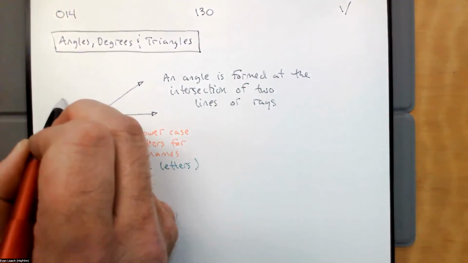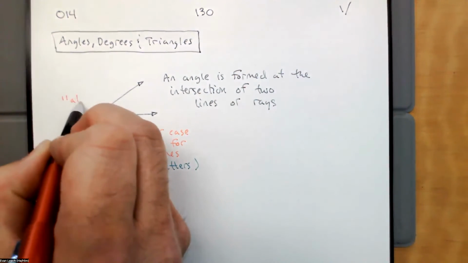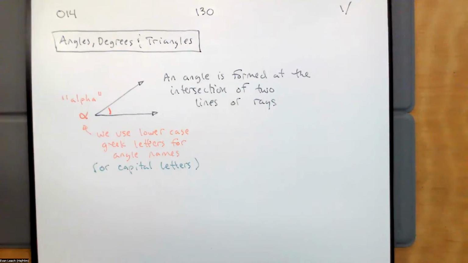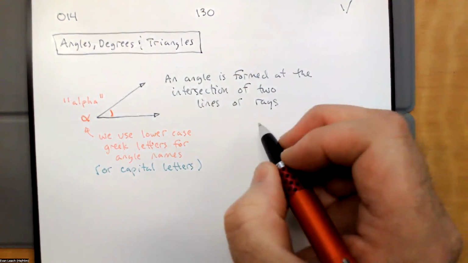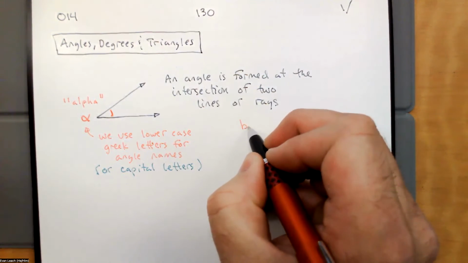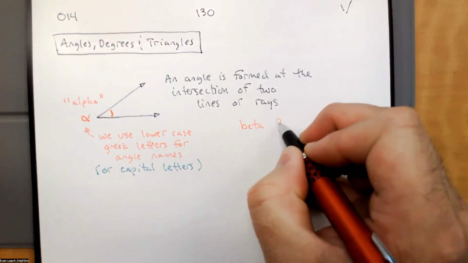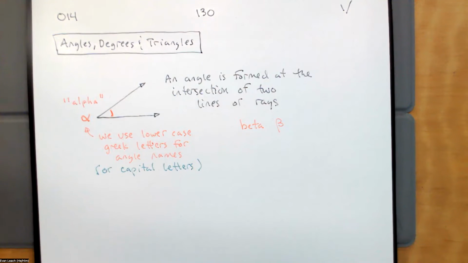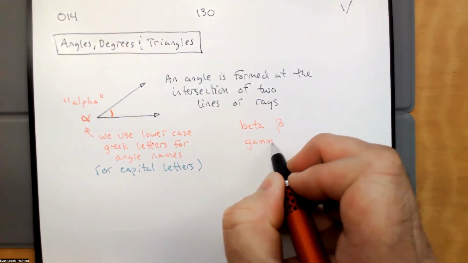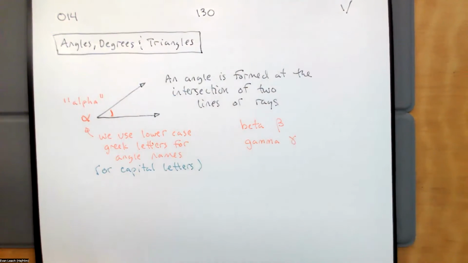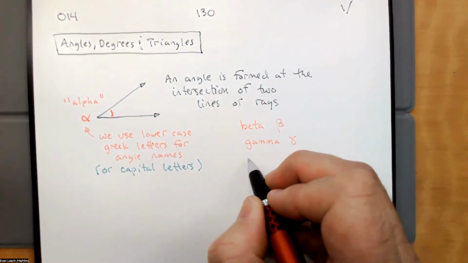This is an alpha, a lowercase alpha. Other lowercase Greek letters that we should recognize are beta, and gamma, one of our most common is theta.